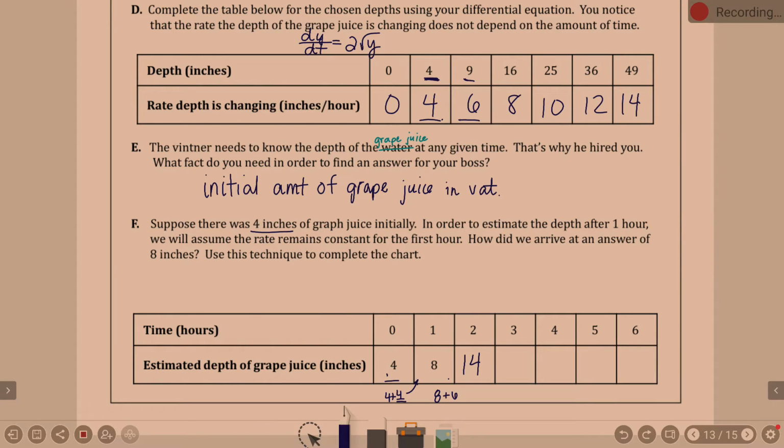No, but it's really close to 16. What is the rate changing at when the depth is close to 16? It's increasing 8 inches per hour. So what do I do with my 14 down here? You add 8, and 14 plus 8 is 22. Are you following what I'm doing? Because we just keep doing this the whole time. Now we have a depth of 22.